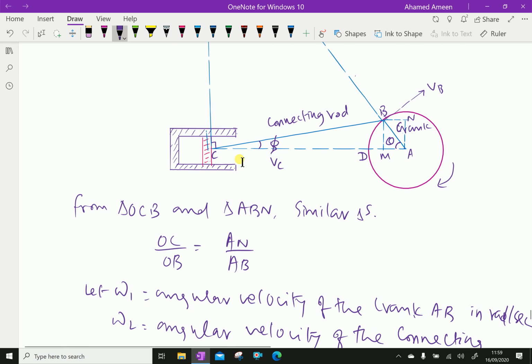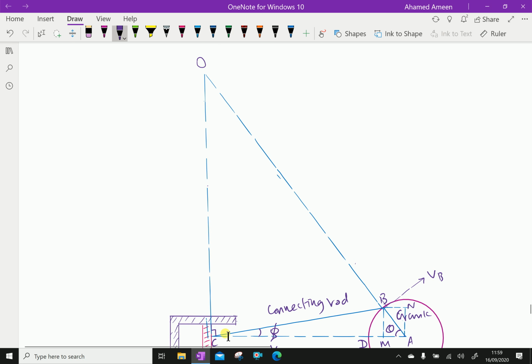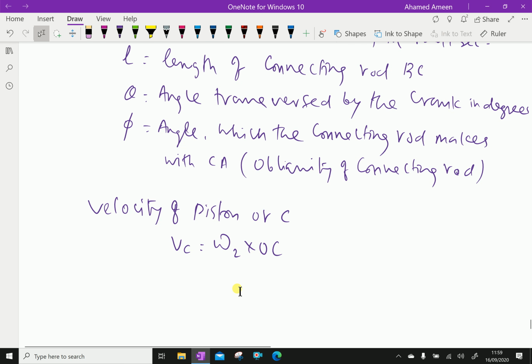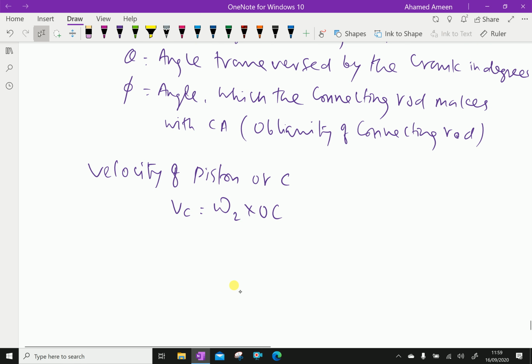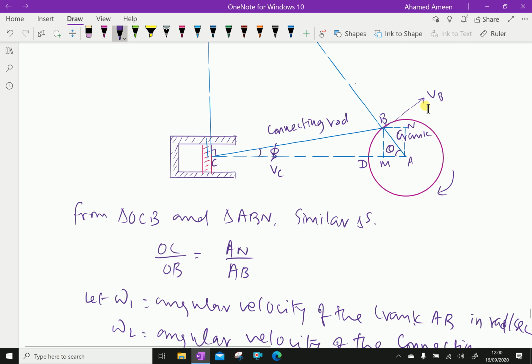The velocity of B, VB, equals omega 2 into OB.